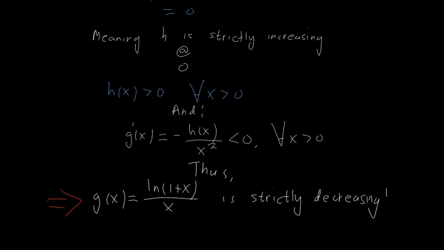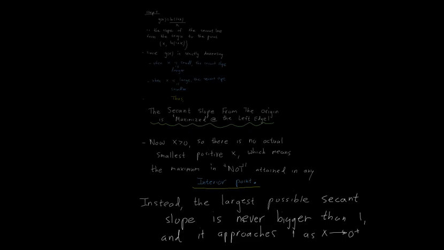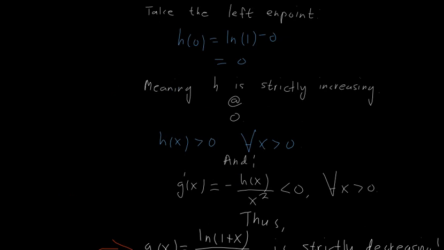And what we're showing so far is that h is strictly increasing. Yeah, h is increasing. I think you can agree with that, because h of x is greater than 0 for all x greater than 0.